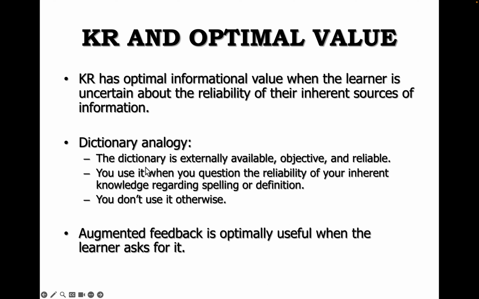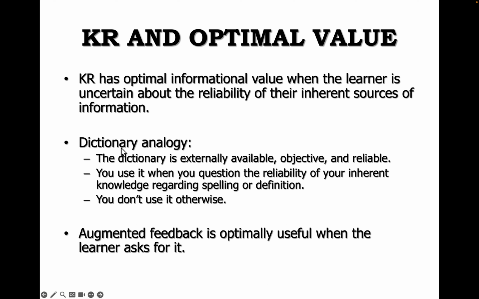The dictionary that you've got available is very objective and very reliable. We use the dictionary to check on the spelling of our words when we're not sure if we know how to spell that particular word. However, if we're sure of how to spell it, or we're pretty confident in spelling it, we wouldn't use the dictionary.